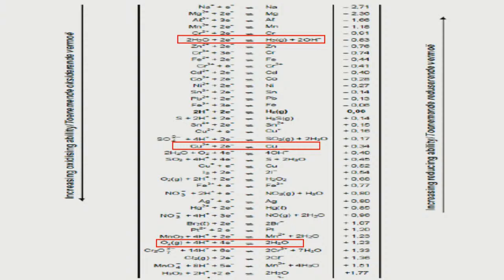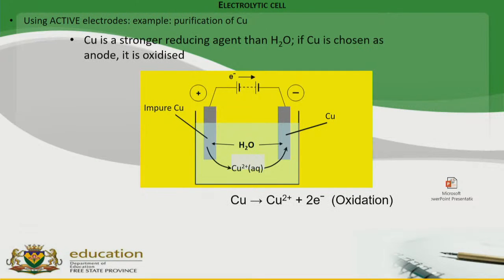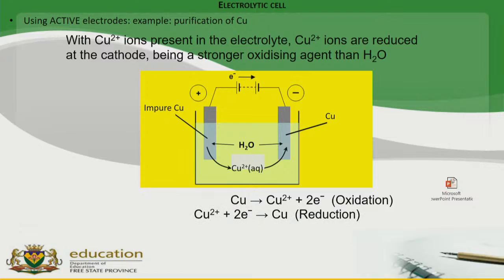Therefore, copper ions will be reduced, and also copper is a stronger reducing agent than water. Therefore, copper will be oxidized. Therefore, your half reactions: oxidation will occur at the anode, and reduction at the cathode will occur.